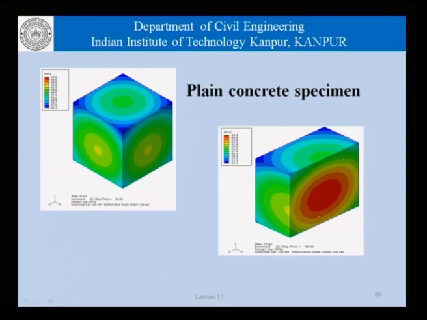So, this is the half space, that is the section of this cube, and we can see these temperatures 65 degrees and so on, whereas the corners here are the coolest at about 51 degrees.